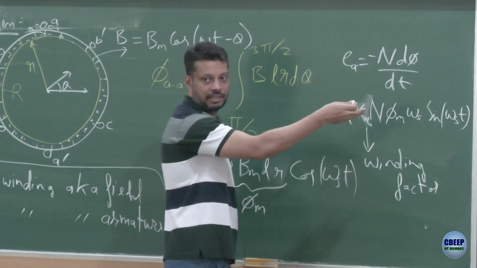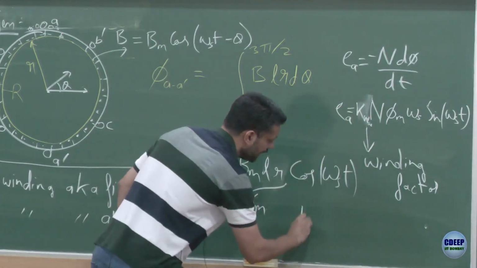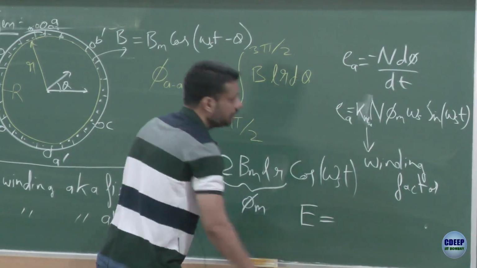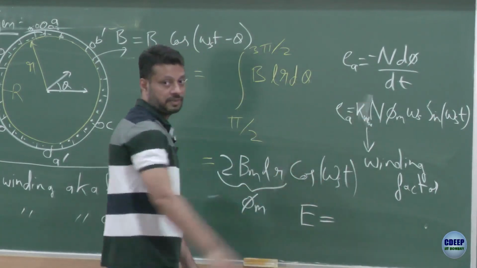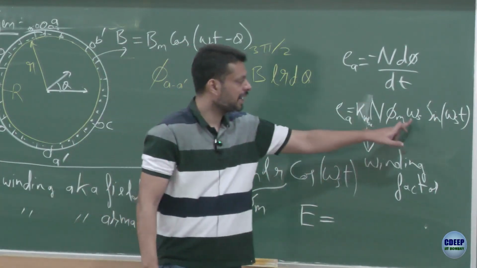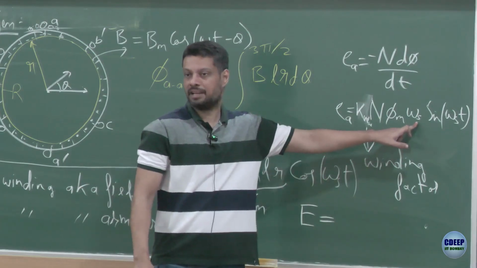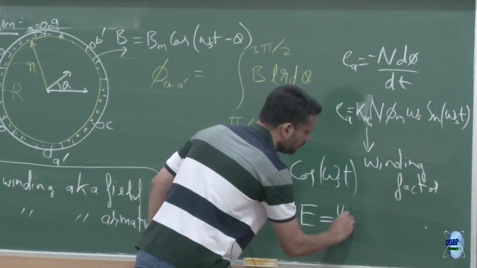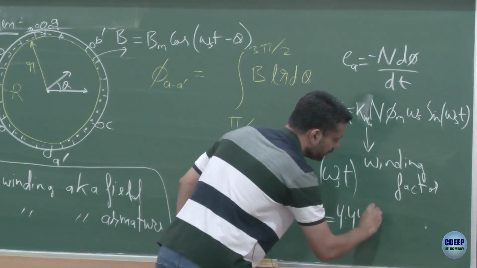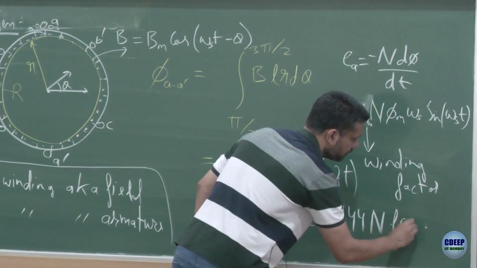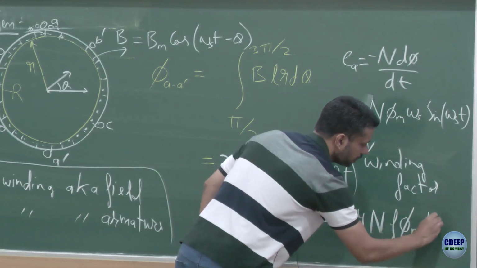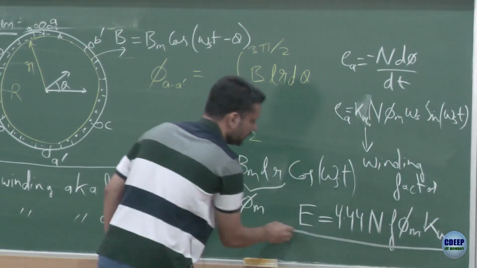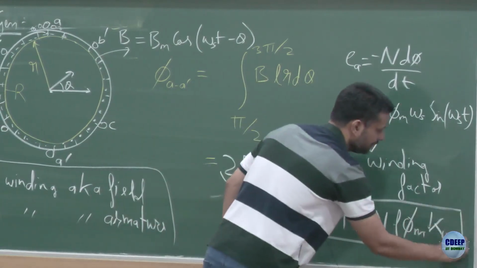Now this is the instantaneous value, you can write the RMS value as capital E, which is equal to the RMS of this. You convert omega into frequency, omega is 2 pi f, right? Keep everything the same, you will get the expression E equals 4.44 N f phi_m Kw. You remember this expression, of course it keeps coming back, right?